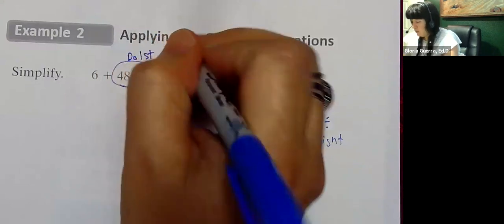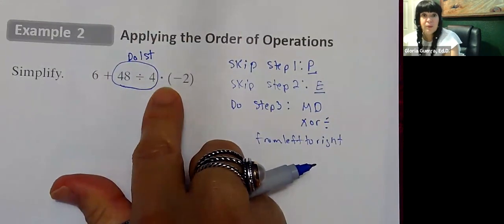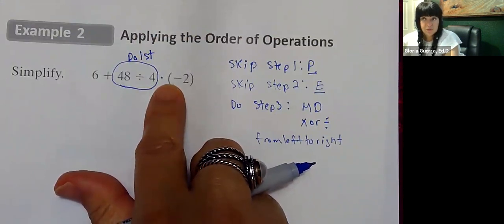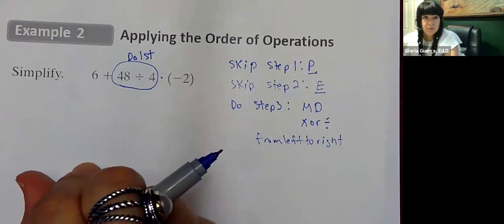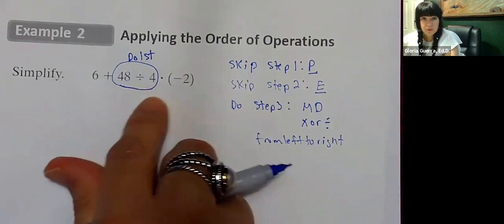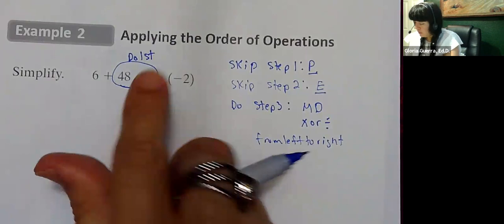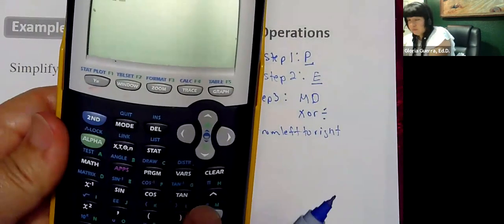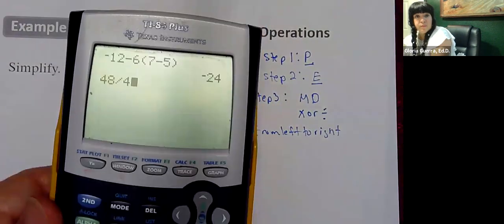Now you might be tempted, human nature, to want to multiply first because in grade school you learn multiplication facts first, I believe, right? And then you learn how to divide. But you got to be flexible. It's whichever operation comes first. So you want to do 48 divided by 4. 48 divided by 4 is 12.